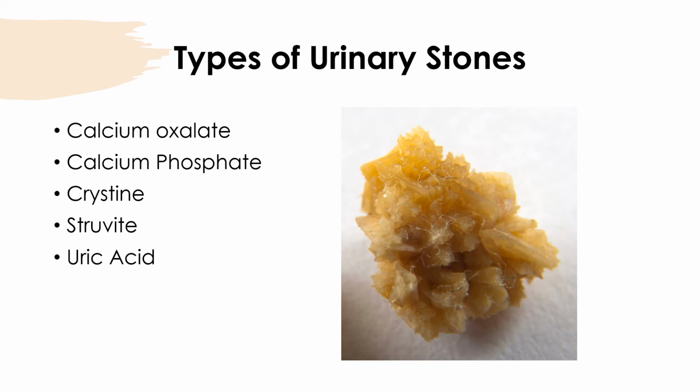Also hyperoxaluria, so we have increases in oxalate. The diet for this can be foods rich in oxalate. Examples of this are rhubarb, spinach, chocolate, nuts, and beer.